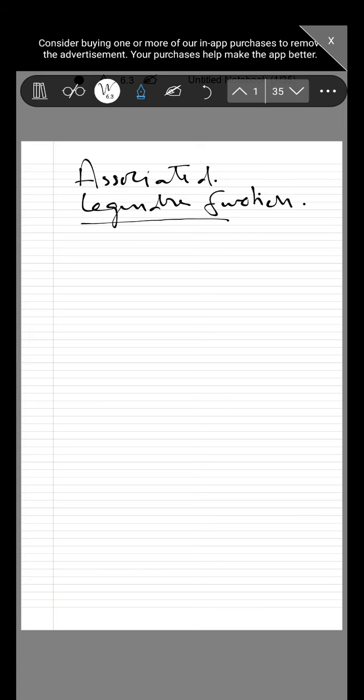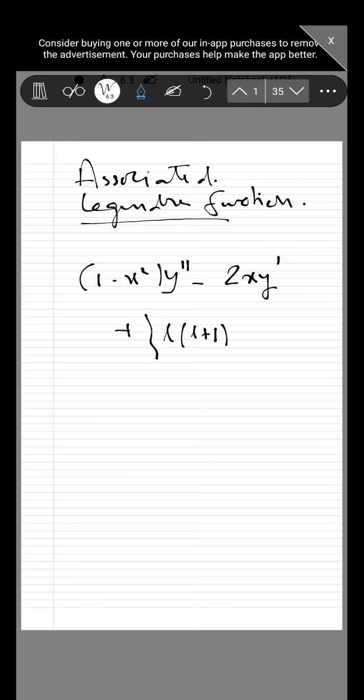And the differential equation is (1 minus x squared) y double derivative minus 2x y dash. It is similar to what we have in the Legendre. The only difference is this last term where we have l into (l plus 1) minus m squared over (1 minus x squared), times y is equal to 0.